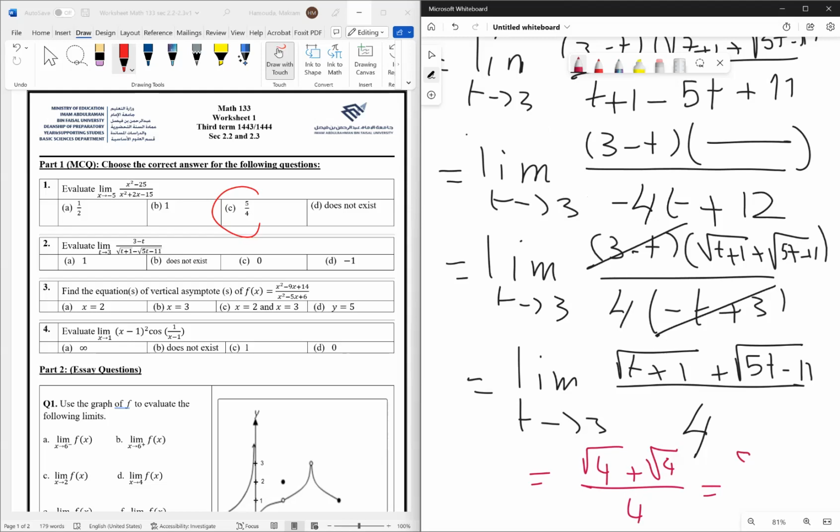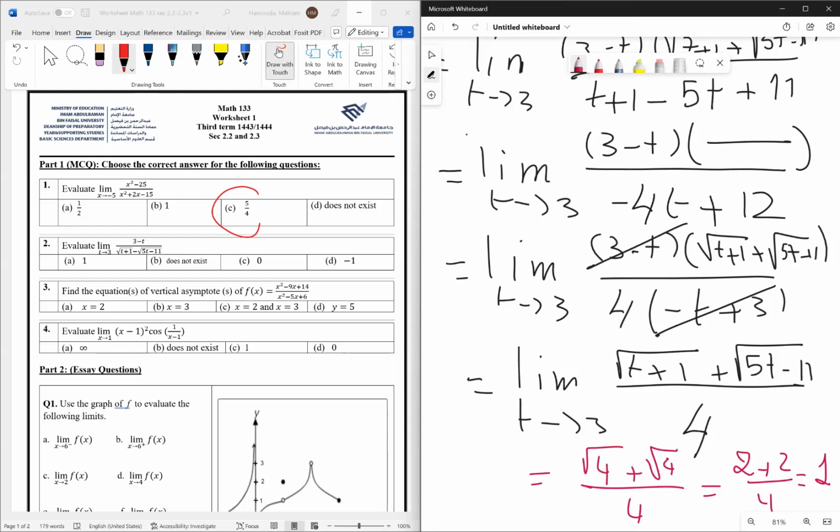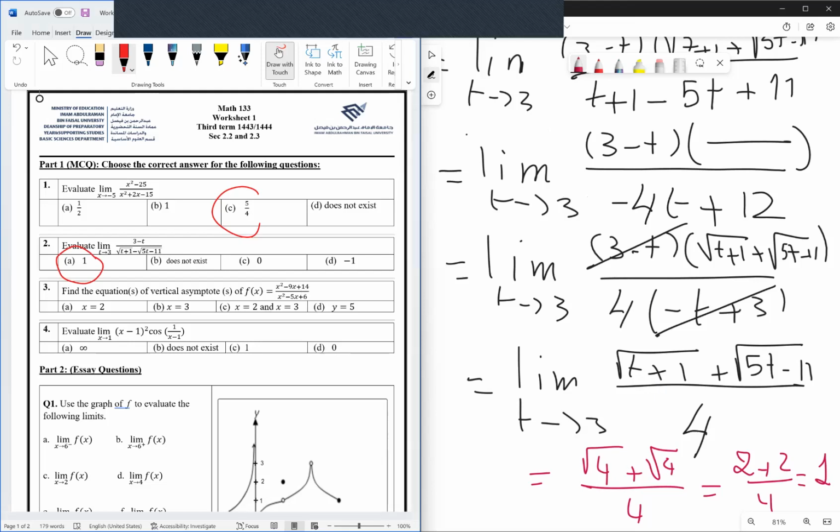So 2 plus 2, that's 4, and the result will be 1. So my answer in the worksheet will be A. Good. So we can now continue with MCQ number 3.